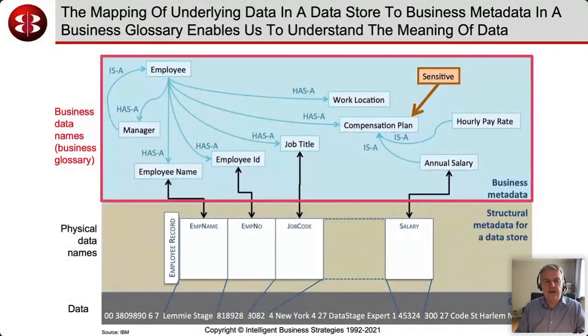But the idea is to understand the relationship between physical data out there in lots of data stores and all the physical data names with the business data names defined in a business glossary, so that we can map those physical data names to a business glossary.